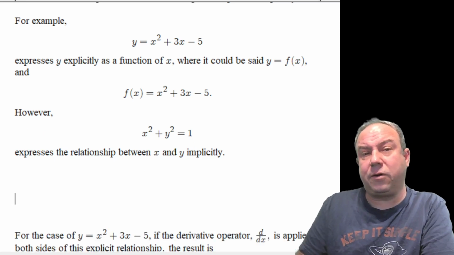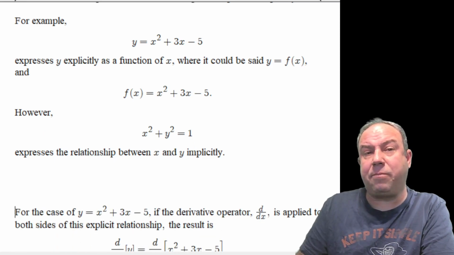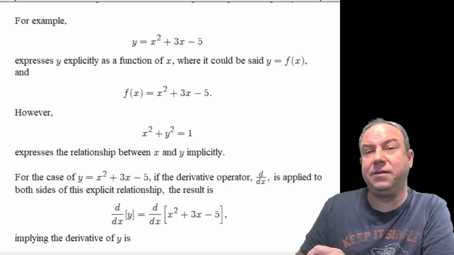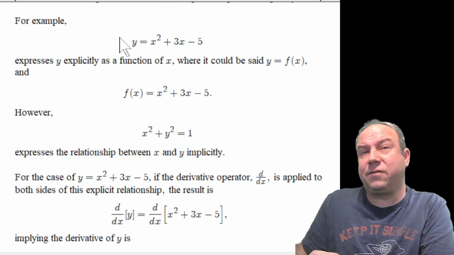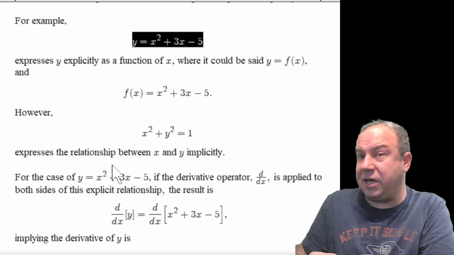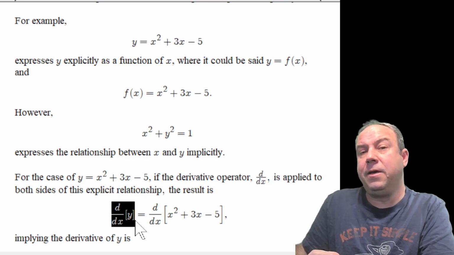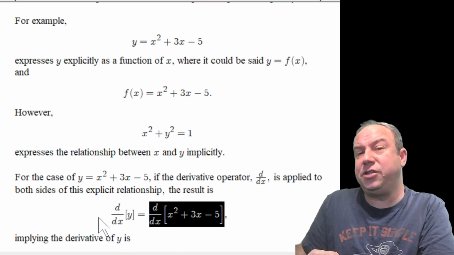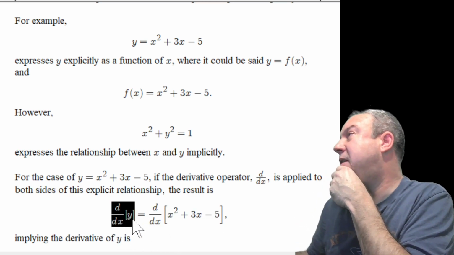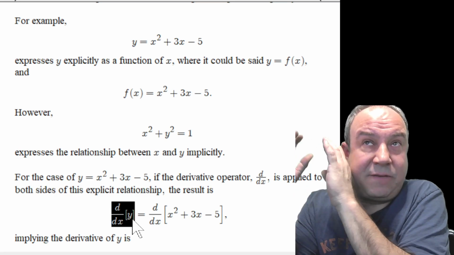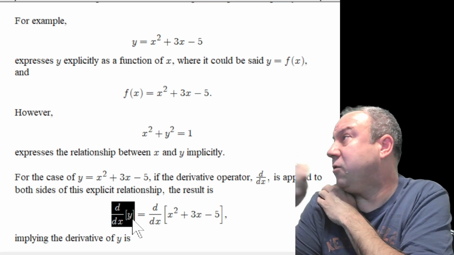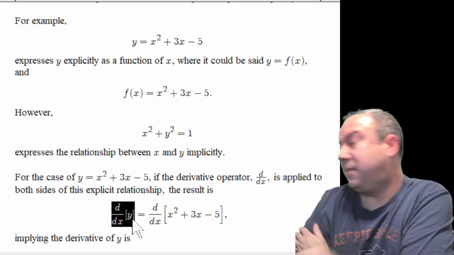Now we know in the first case, the explicit relationship, we can apply the derivative operator d/dx to both sides of this relationship. And we know on the left-hand side, if we apply the operator d/dx to the value of y, that's going to result in dy/dx.